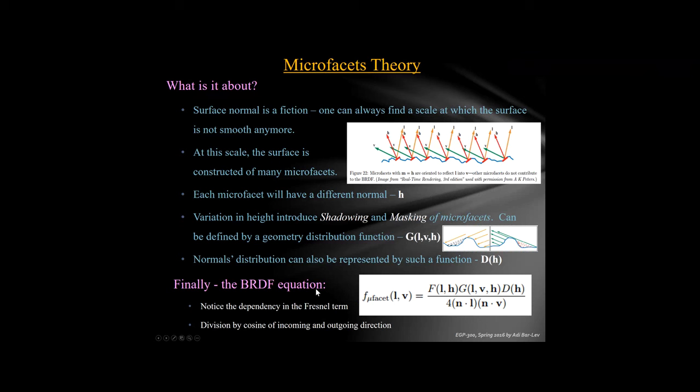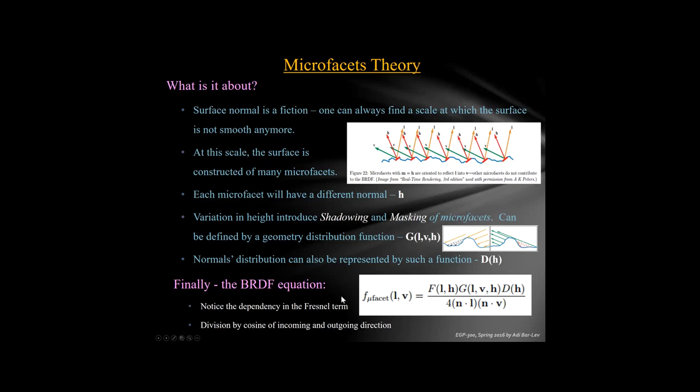Great. I mean, we started with something which was so complex we didn't even want to get to an equation, but now it's really simple because the BRDF for a ray coming from the light, which is represented by L, the direction, and outgoing towards the eye, which is represented by V, can now be represented by the Fresnel coefficient times the shadowing coefficient or probability times the normal distribution probability.